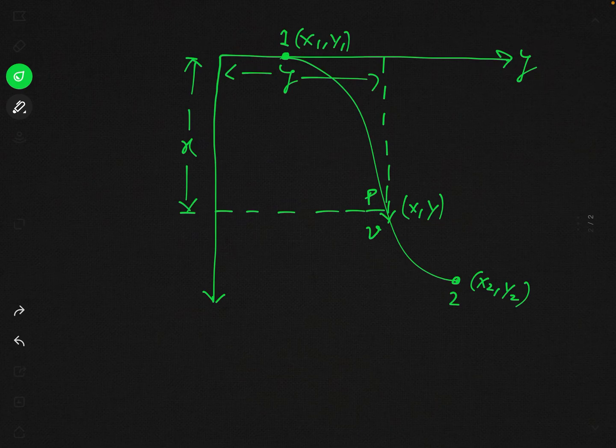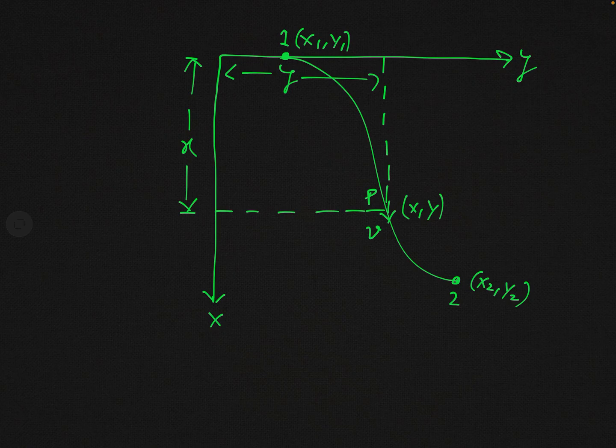Let us consider an xy plane where I have taken the x-axis in the vertically downward direction and the y-axis in the horizontal direction. Let us consider that a particle is falling freely under gravity from rest. You can see this figure.